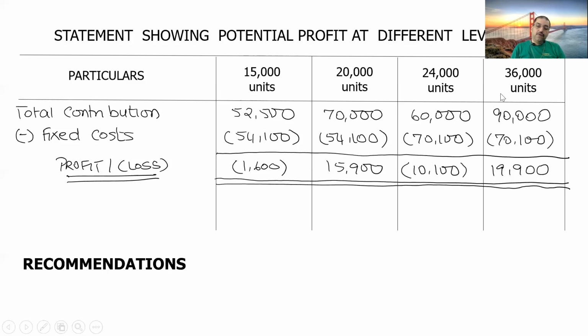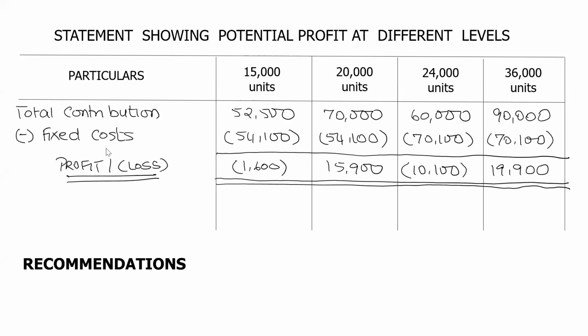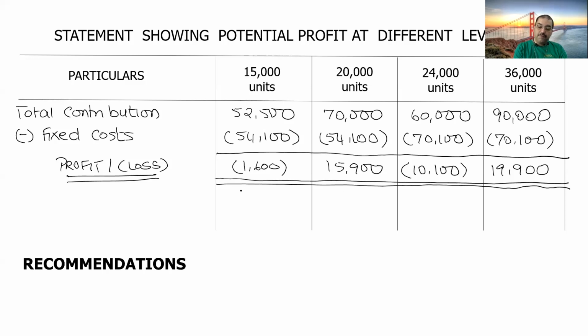Okay, so now the recommendation is to be given. We are supposed to make suitable recommendations relating to the price and volume of output to be set. What does that mean? I'll say that in the range below 20,000, if I want to sell 20,000 or less, then the maximum loss that I suffer is 1,600.